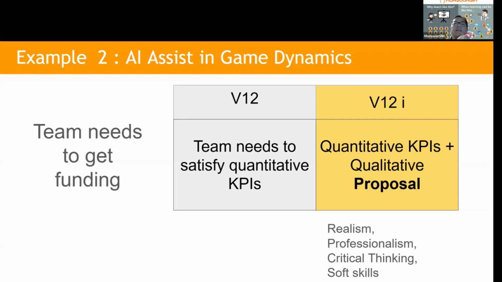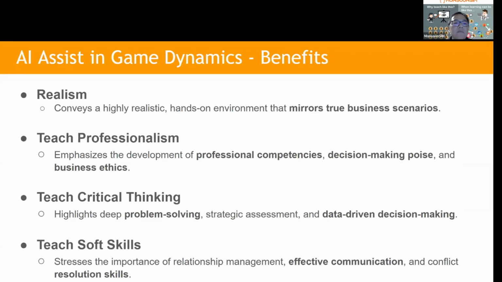So for example, you can't just tell your vendor, oh, you know what, I want to become a multi-billionaire with your funding. The AI is just going to reject it. So they're going to get rejected. This will teach them critical thinking, soft skills, and professionalism again. It is very important and very difficult to teach, particularly these days, right?